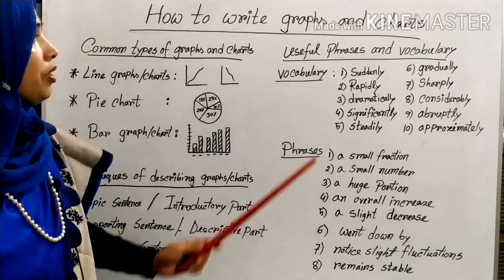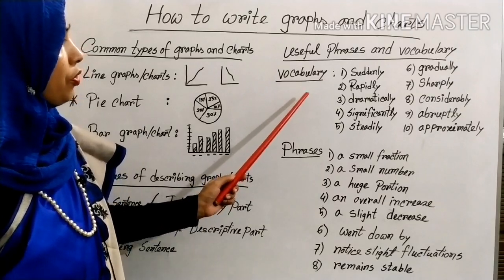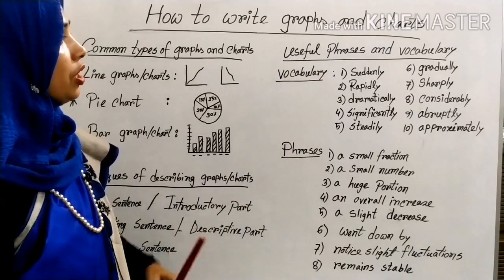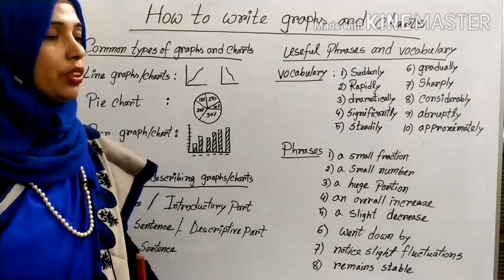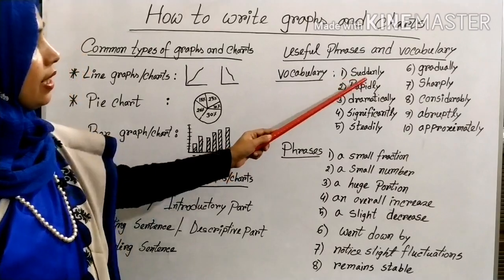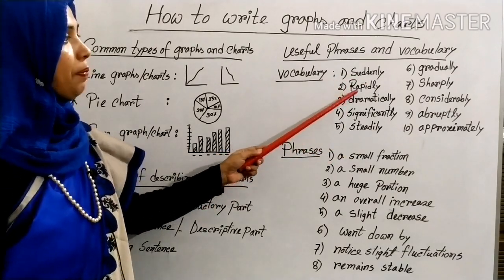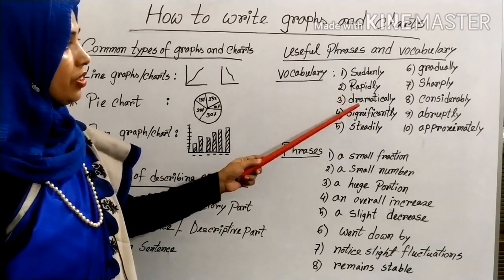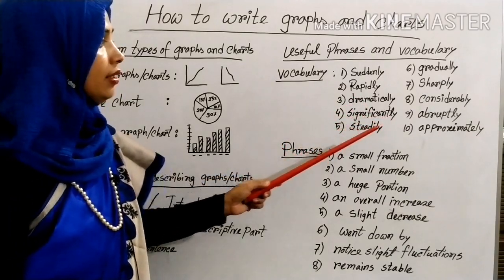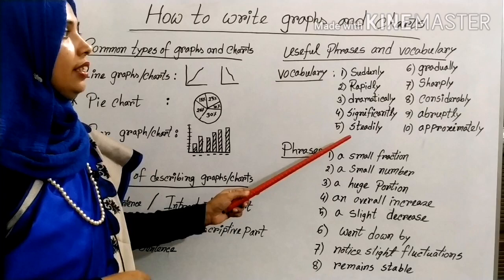Okay? So from here you can get the idea of which vocabularies you can use. Number 1, suddenly. Number 2, rapidly. Number 3, dramatically. Number 4, significantly. Number 5, steadily.